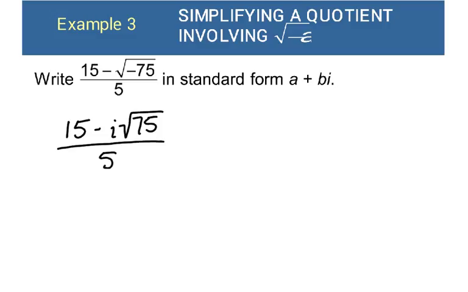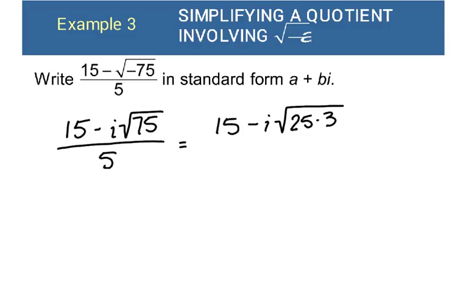Now I'm going to break apart what's inside the radical, the 75, into two factors. Two factors I know in which one number you can take the square root of are 25 and 3.